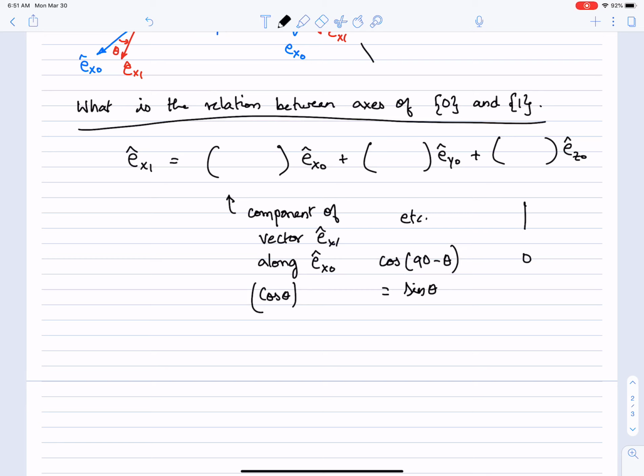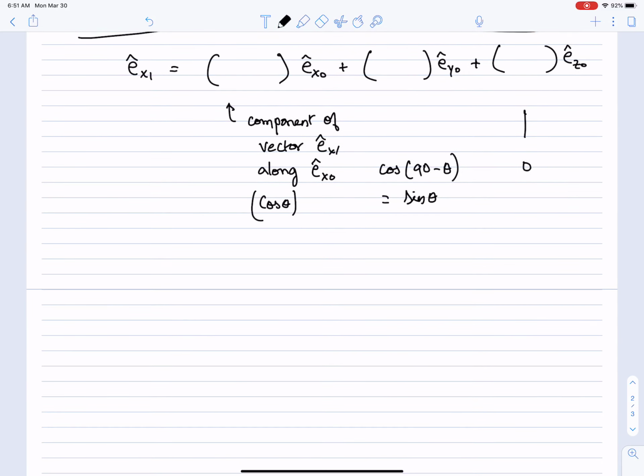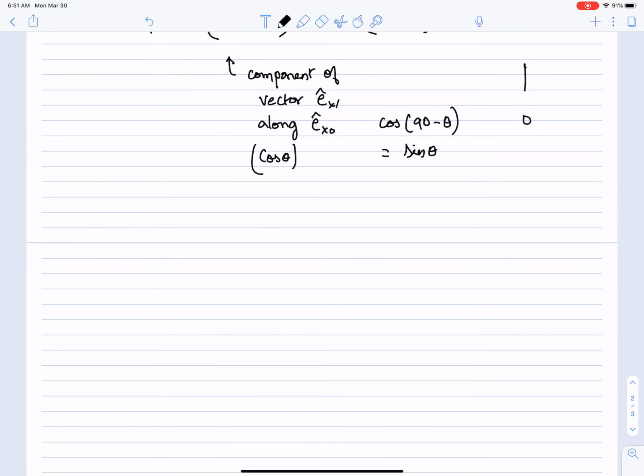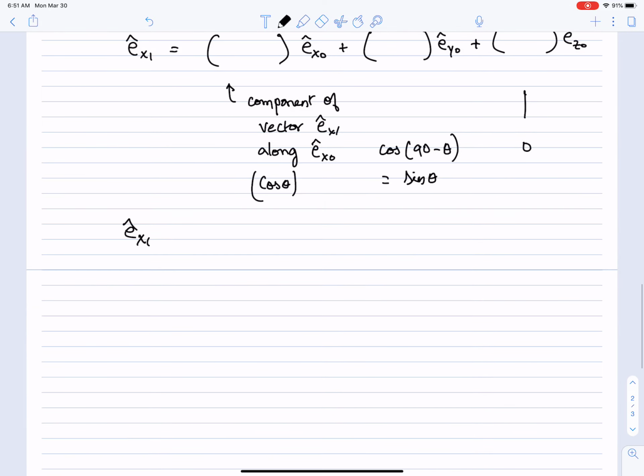Okay, so what we have here, we have EX1 equals cosine theta EX0 plus sine theta EY0 plus 0 EZ0.